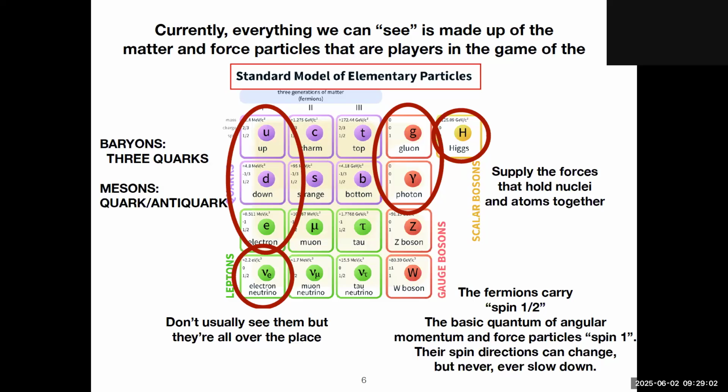So here they are. The baryons are made of 3 quarks, up and down. Basically, out of 2 kinds of quarks, the mesons, the quarks and the antiquarks, we have in our everyday life. These are the force particles, the gluon and the photon, combined, of course, with the Higgs boson, living in splendid isolation as the only particle without spin.